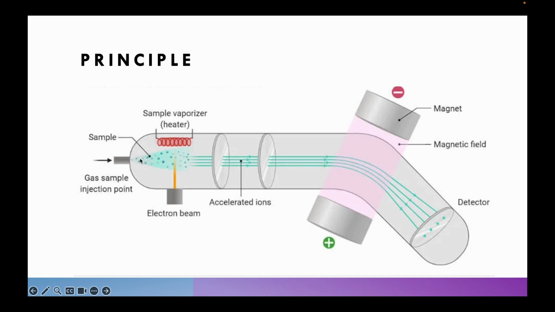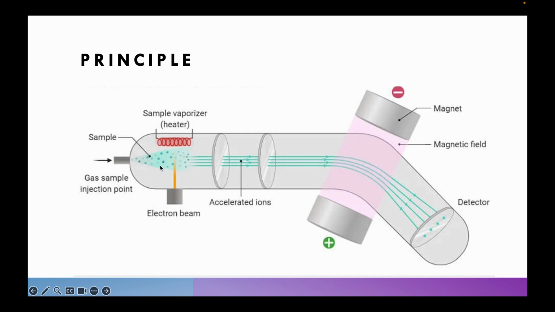The sample that you inject becomes vaporized by the heater, and it needs to be in the gaseous phase, because otherwise it cannot pass through this plate, and it cannot go in the electric field, which is very important, because a liquid will evaporate if passed through. So the sample needs to be in a gaseous phase so that it can be accelerated through this electric field.